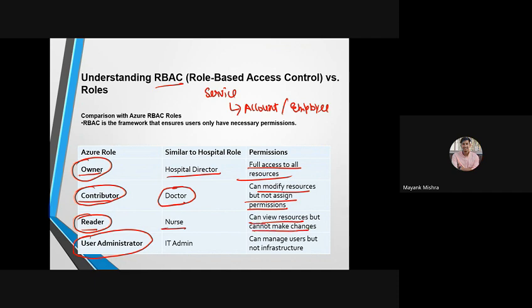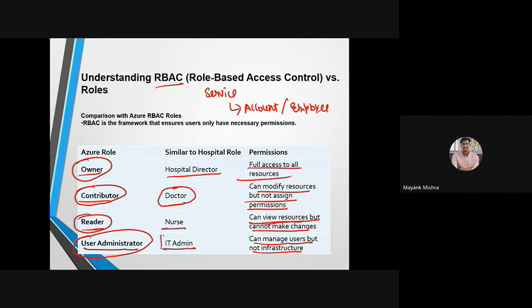It means if we give someone reader access, he can see all the things. He can check, he can raise a ticket that there is a problem, but he can't make any changes. The user administrator is the IT admin. He can manage users but not the infrastructure.